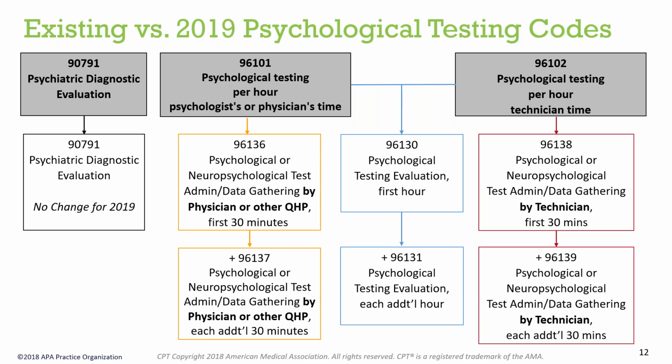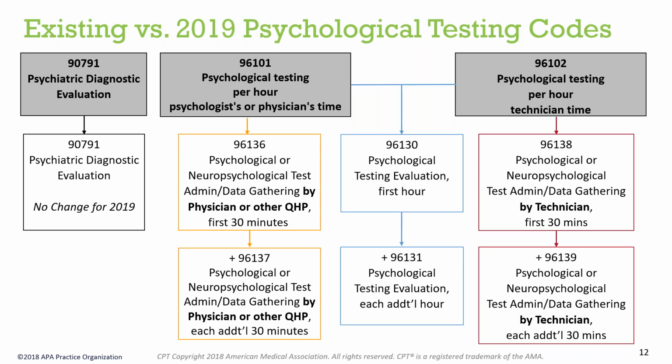If you look at the gray square, 96101, and follow the arrows down, those are the codes that you will use if you're a psychologist who does your own psychological testing, which is quite a few of us. In your first 30 minutes, you're using 96136, and then for each additional 30-minute unit, you're using the add-on 96137.